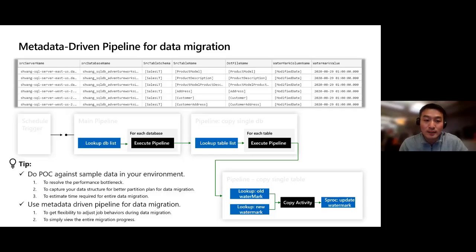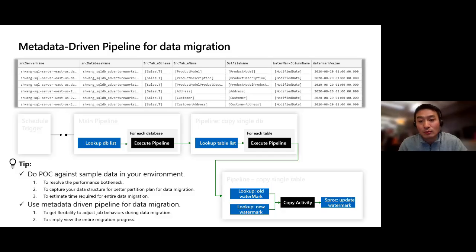How to define the partitions is based on your POC testing on your sample data. Based on the POC, you will know how long a single copy activity needs to complete copying a single partition, and based on that, you can list all the partitions in a control table.